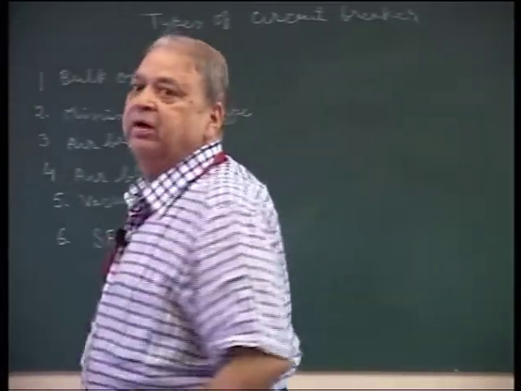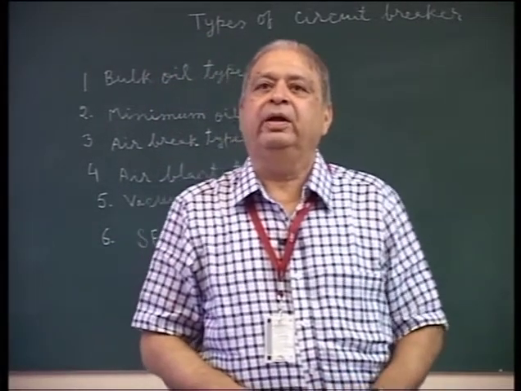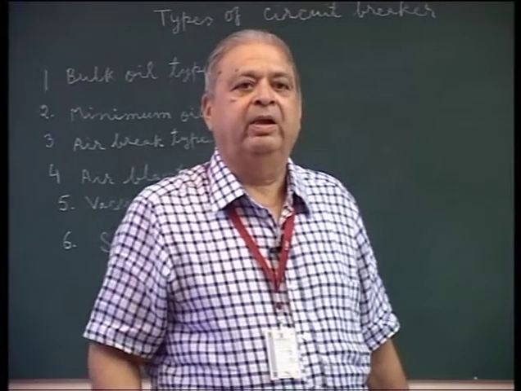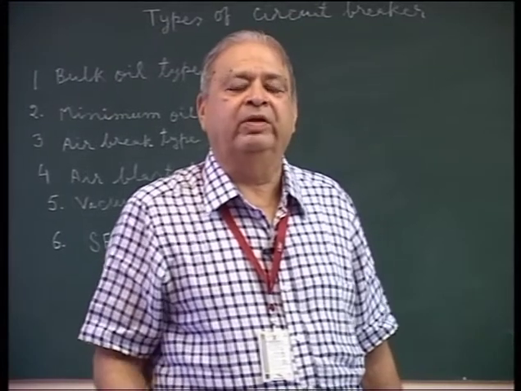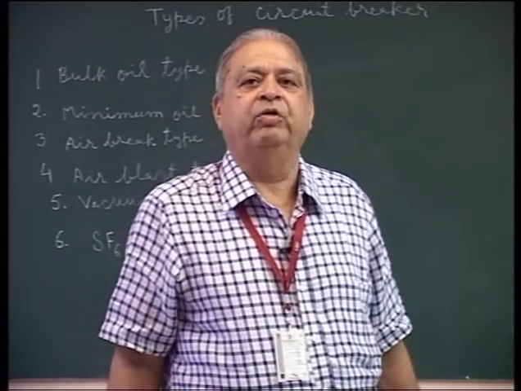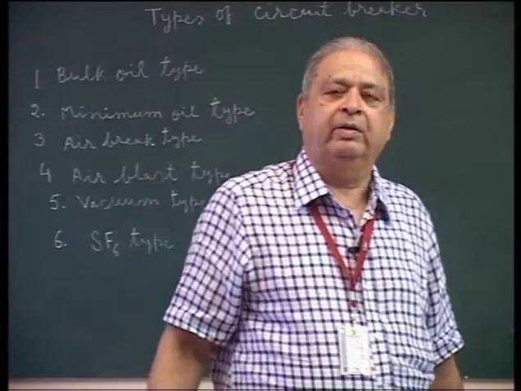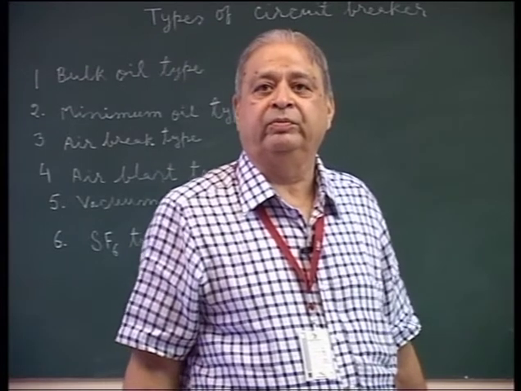In air blast circuit breakers, we make use of a separate air compressor and a high pressure air blast is thrown over the fixed and moving contacts. Due to high pressure air blown over the contact, the arc is blown out.